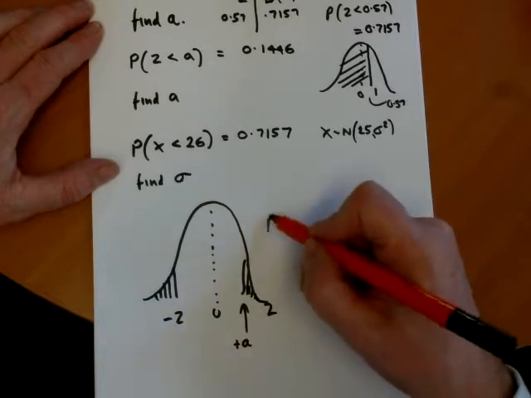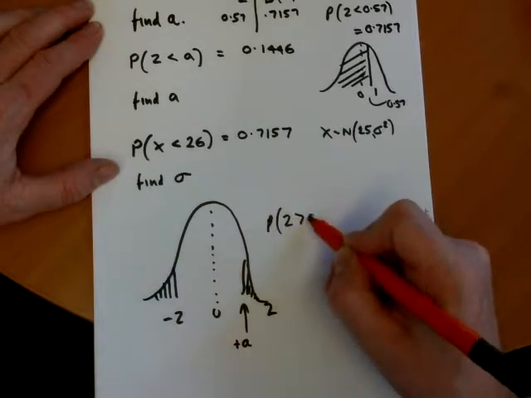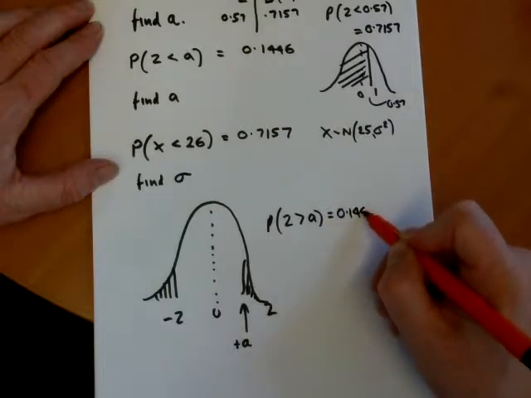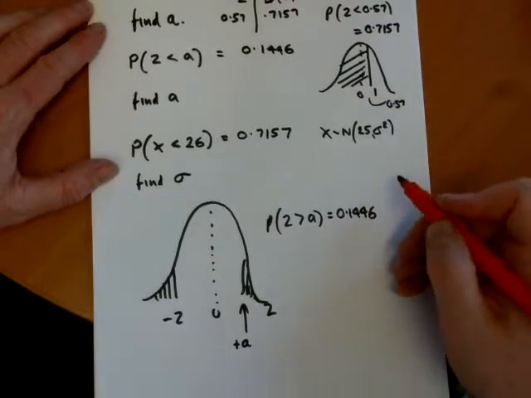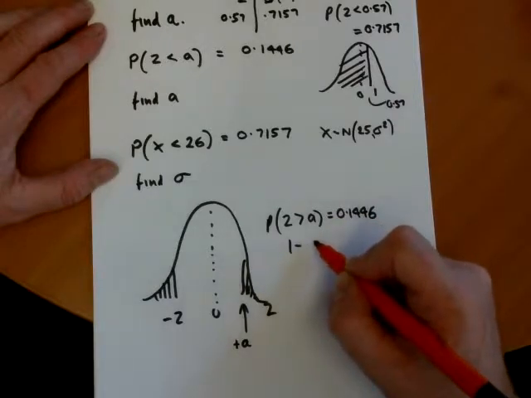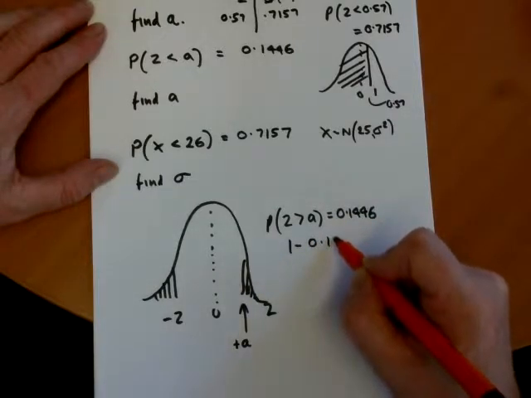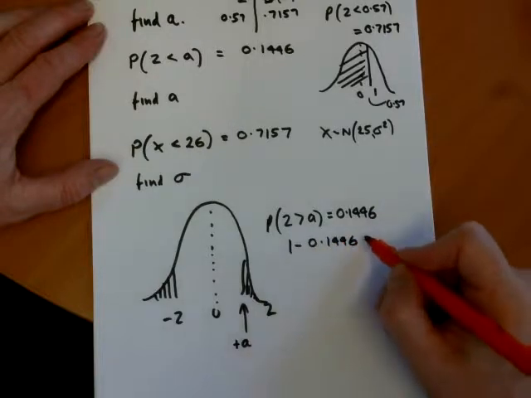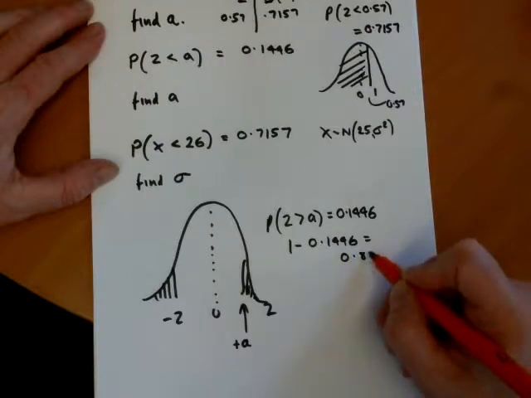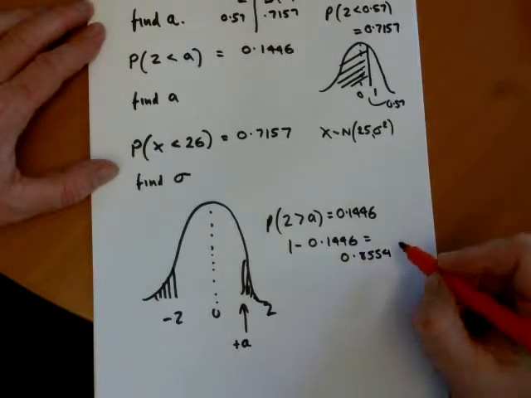And we can see that the probability that z is greater than that value is going to also be 0.1446. So if I do 1 minus 0.1446, that gives me 0.8554.